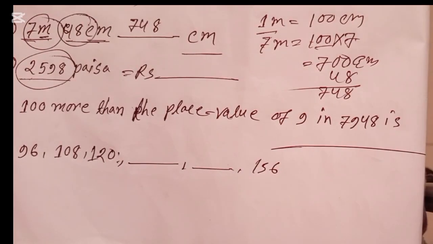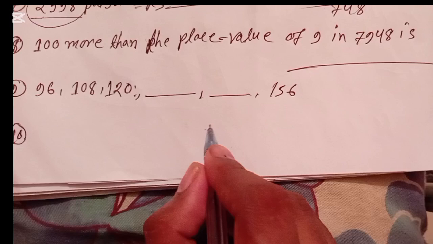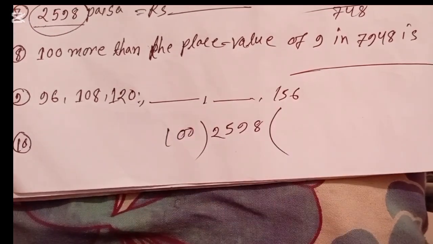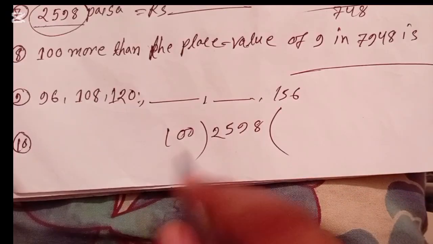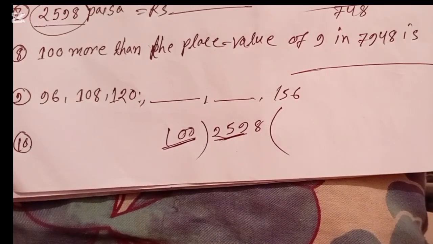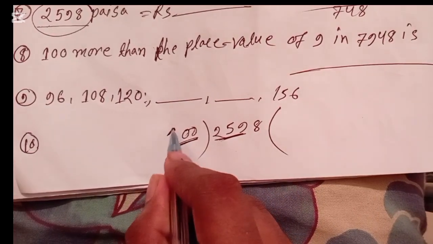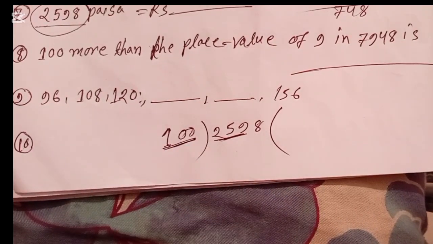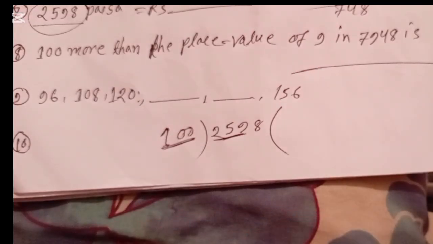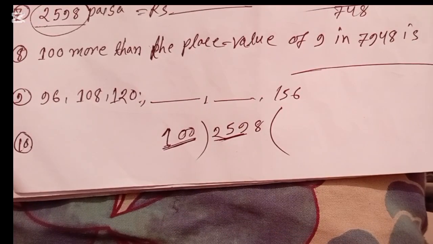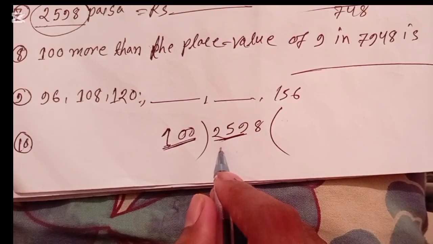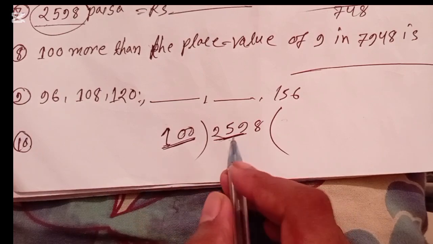So if we divide it by 100, okay, 2598 divided by 100. So we know here is 3 digits, so 259. We know the times table of 100. 100 zeros are 0, 100 ones are 100, 100 twos are 200, and 100 threes are 300. But if we put 3, it will be 300, but 300 is bigger than 259.